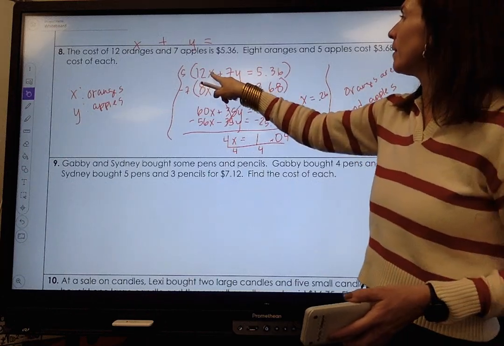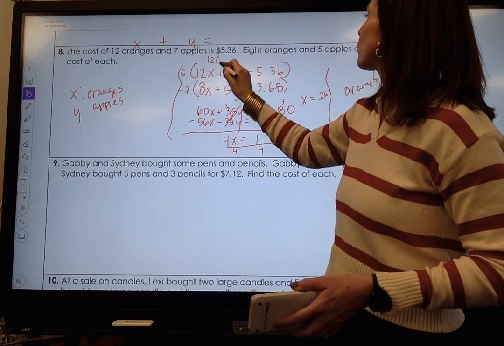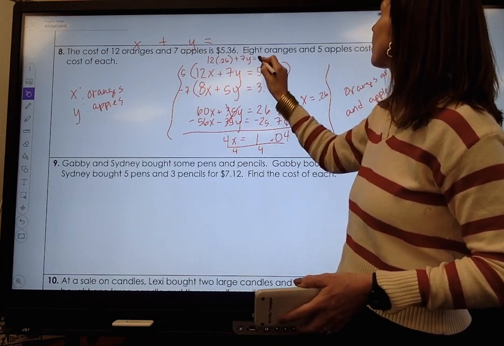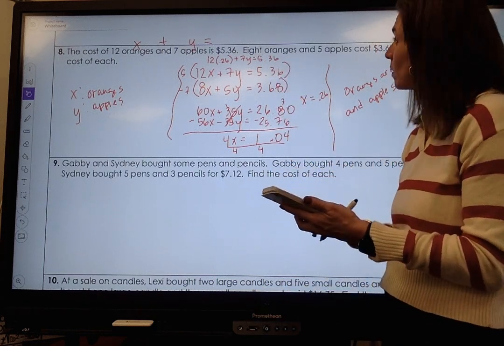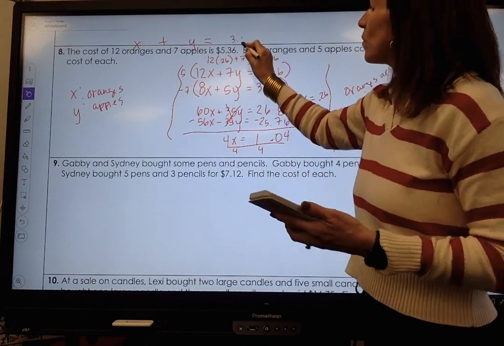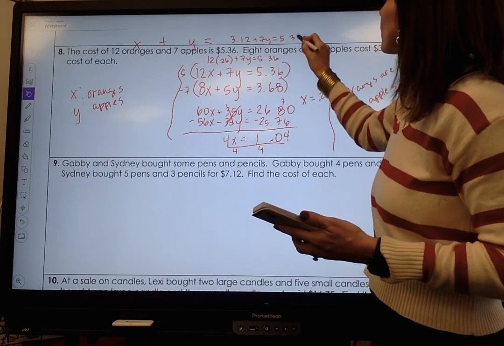And apples, remember, we just plug in. I'm going to take my original equation here, and I'm going to plug in x for 26 cents. So 12 times 26 cents is $3.12 plus 7y equals $5.36.